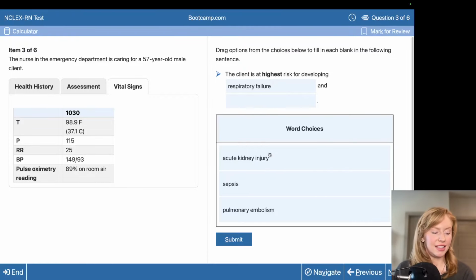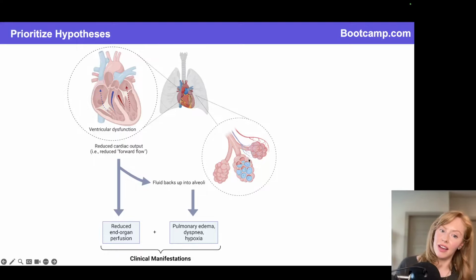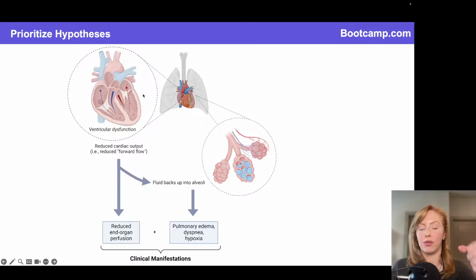All right, so let's think about this. Acute kidney injury is a form of organ failure, right? Whenever you've got this ventricular dysfunction, not only is that blood not being pumped forward and backing up into the lungs, but because it's not being pumped forward, it's not reaching the organs either. Your kidneys depend on 25% of your cardiac output.